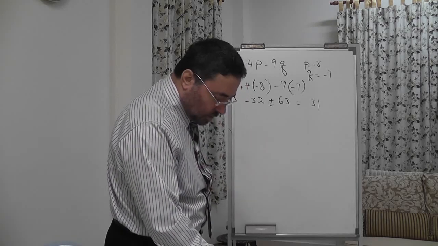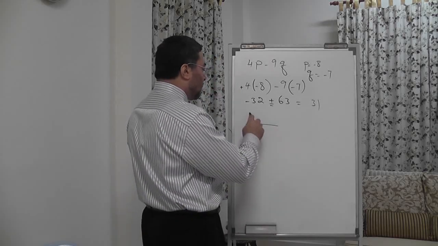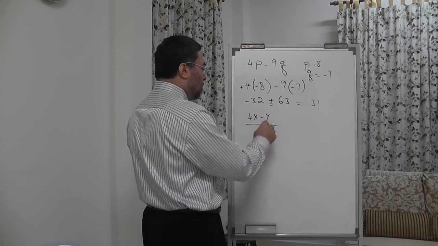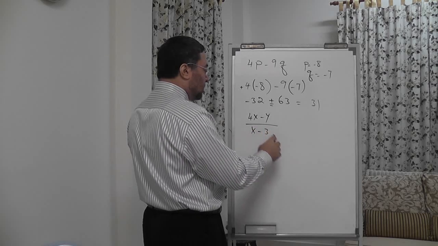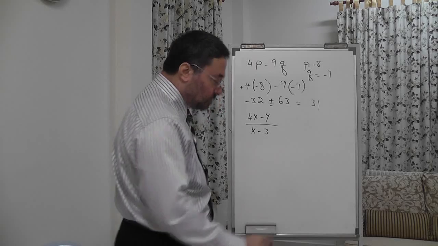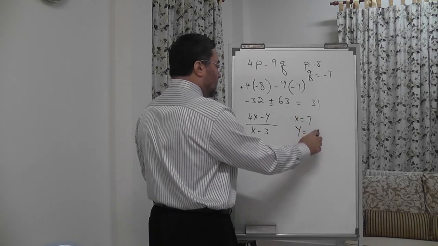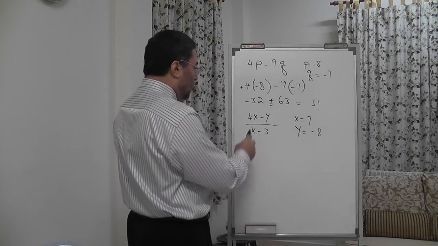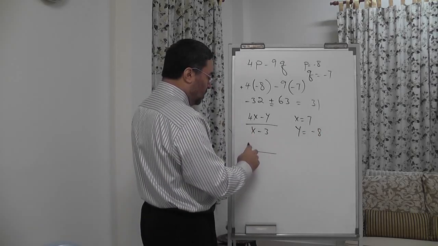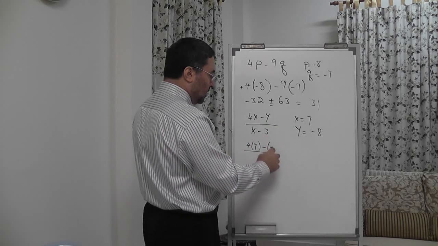Number 28, 4x minus y over x minus 3. We are evaluating this for x equals 7, y equals minus 8. 4 into 7 minus 8.